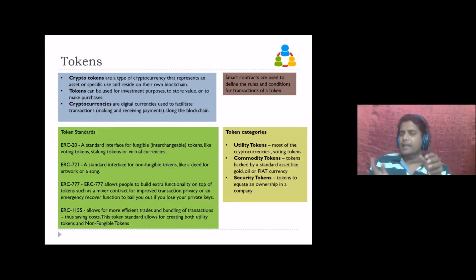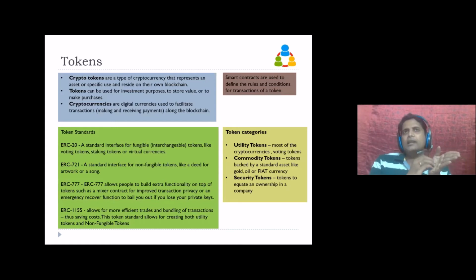And there is this category called utility tokens, which is like most of the cryptocurrencies in the current world, right? You can transfer, you can distribute, you can break it up, sell, all those things can happen. So there are certain standards and definitions, and categories of what we currently see as tokens.